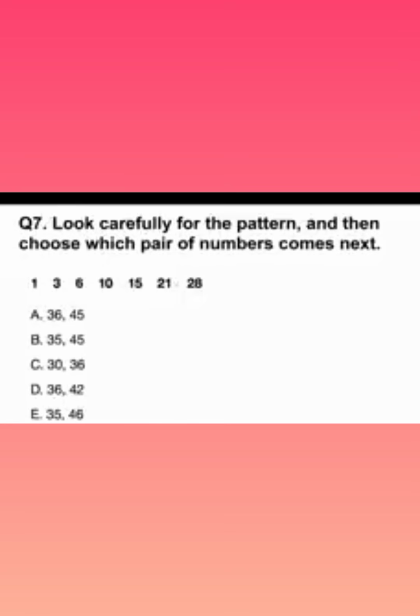Okay, next one. Look carefully for the pattern and then choose which pair of numbers comes next. So 1, 3, 6, 10, 15, 21, 28. What comes next? Again, I want you guys to work this out and put it in the comments box below the video.